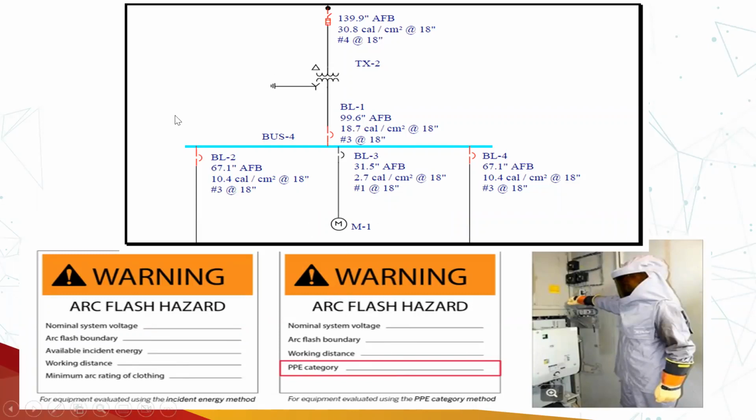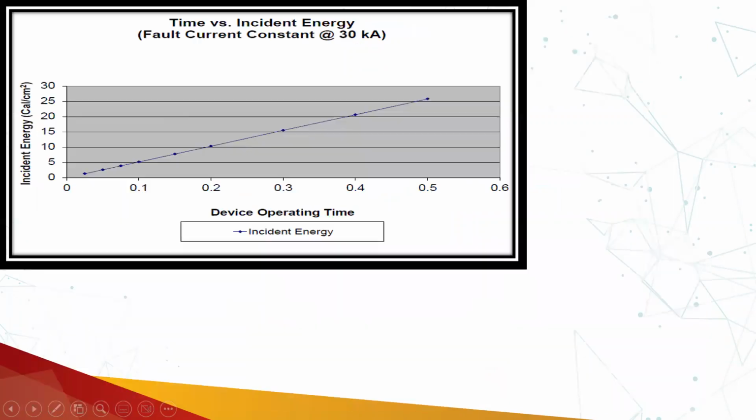So I performed this 5 years back. Now, due to poor maintenance, the equipment has not been maintained correctly over the period of time, and its device tripping time or fault clearance time has increased.